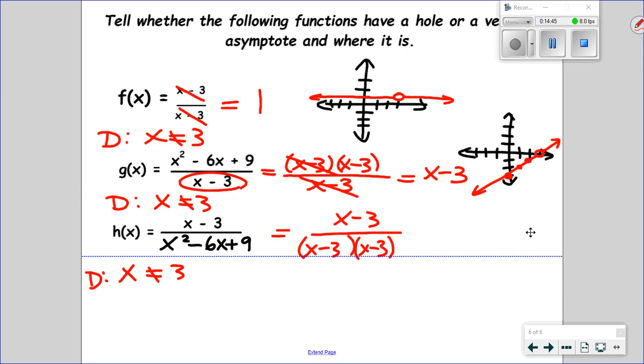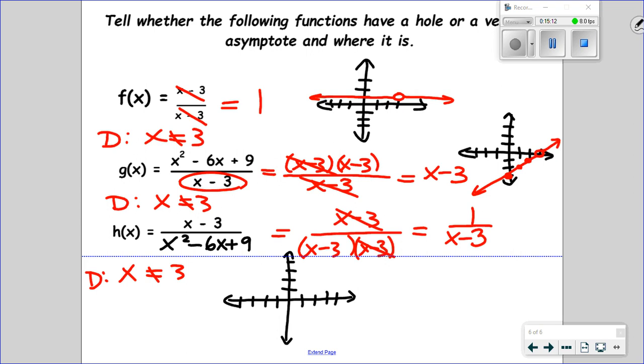This time it would actually be a vertical asymptote, because if we simplify this, it simplifies to 1 over (x minus 3). So this graph is a basic rational function. We just practiced graphing functions like this. This would be the graph of 1 over x, shifted right 3.